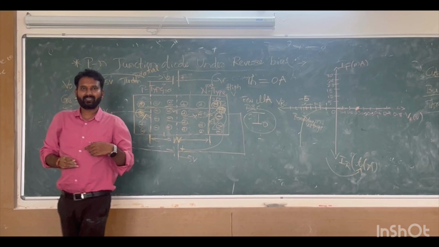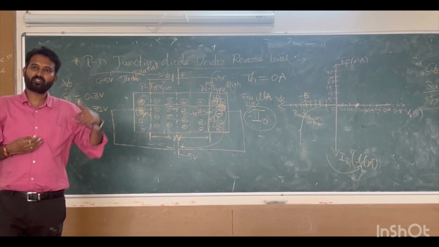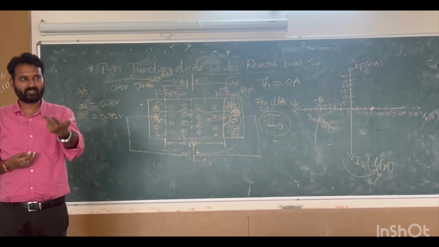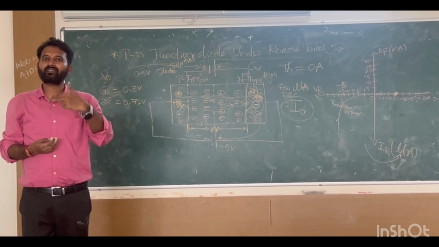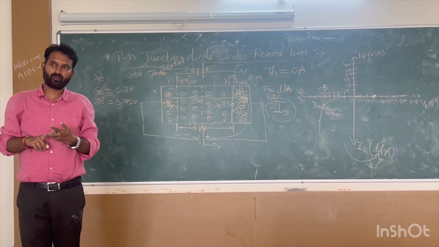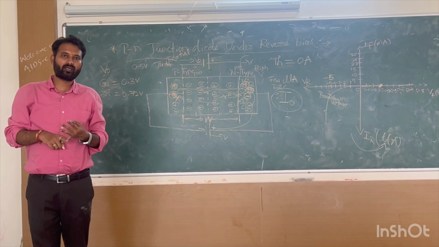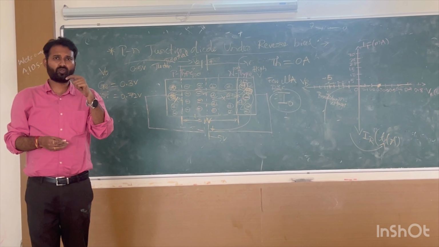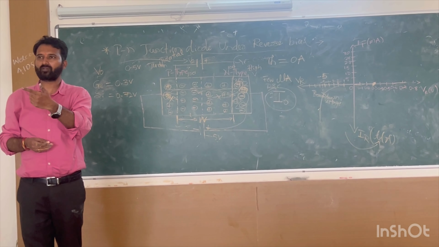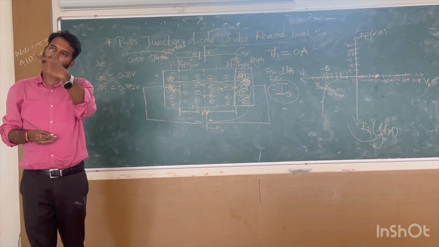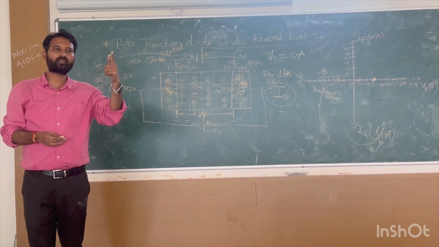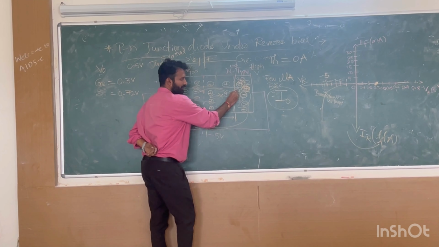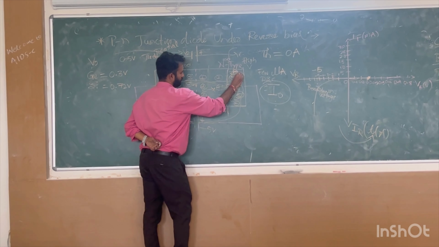Now the other 2 electrons, which were dislodged by the previous two electrons, again get sufficient energy and travel with a high velocity. 2 into 2 is 4, 4 into 2 is 8, 8 into 2 is 16, 32, 64, 128. Like that, in the semiconductor, what am I doing?